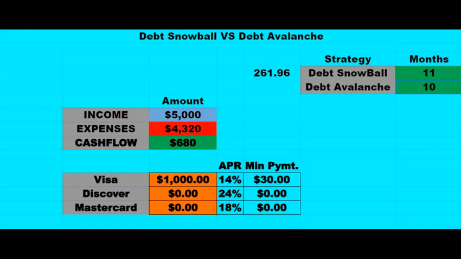So with that Avalanche, it was paid off also in 11 months. Difference, cash on hand, we have $279.28, and the difference between these two is $17.32. So that Avalanche will beat that Snowball by tackling the highest interest first. It is faster than that Snowball.